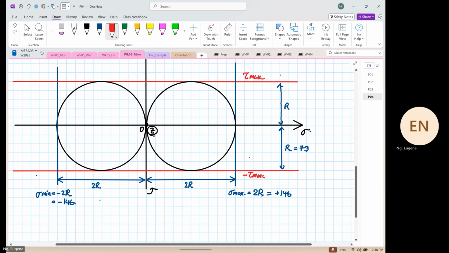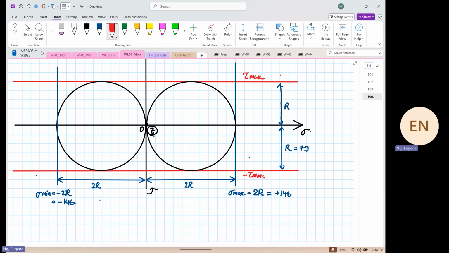Now, anything that I shade in red, the circle cannot go outside. Okay.